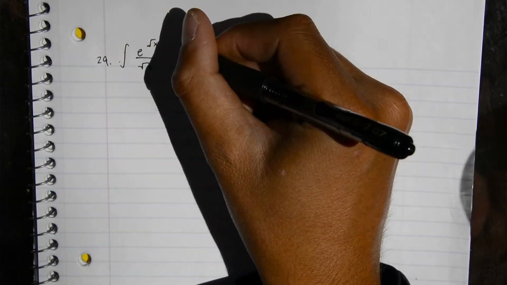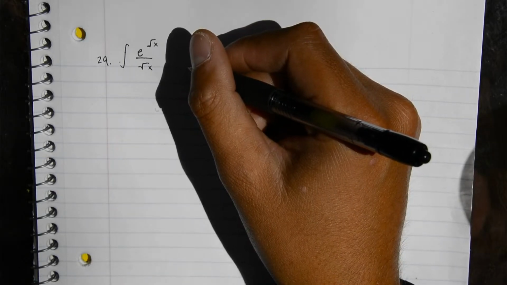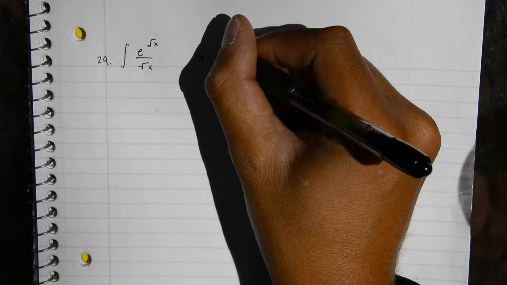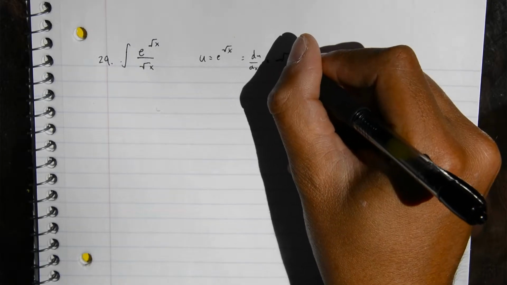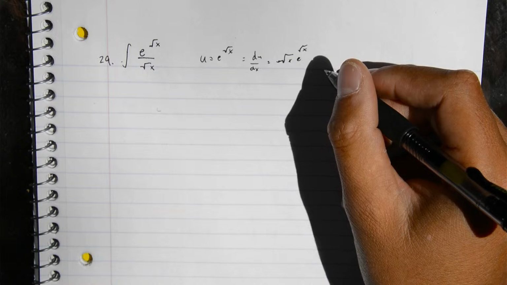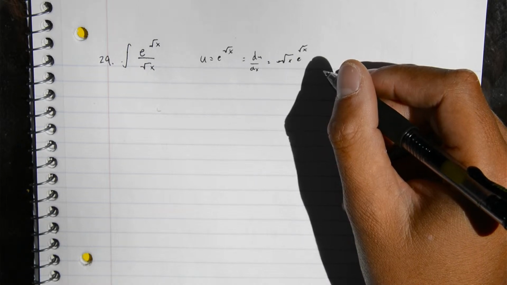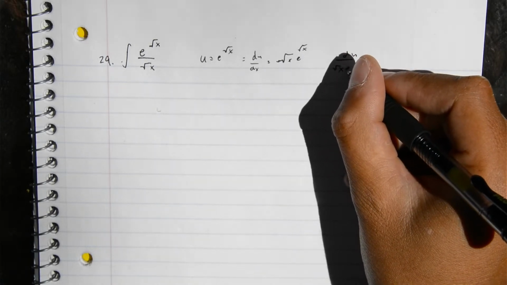All right, what are we on now? We're on 29. The integral of e to the square root x over square root x. All right, this should be... If we let u equal e to the root x, then we're going to get du dx is equal to... that's not exactly what we want, because then we get du over... Yeah, we don't want that.